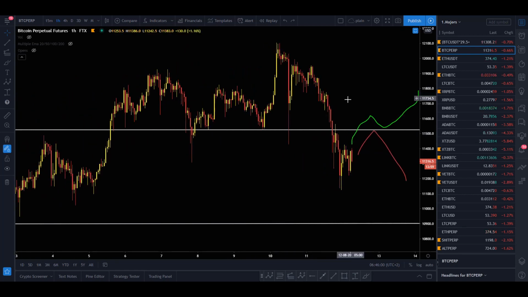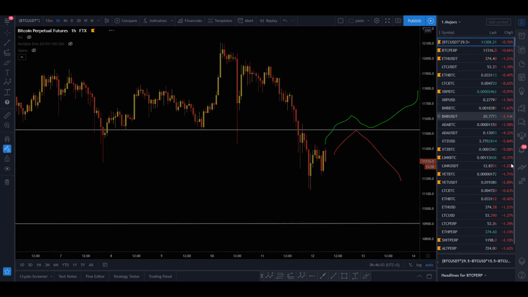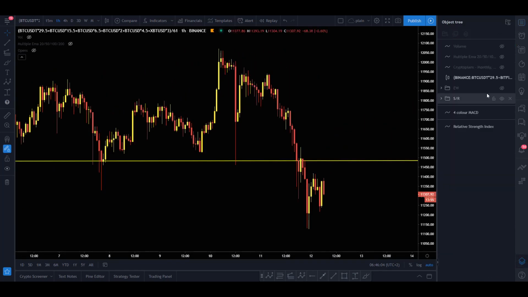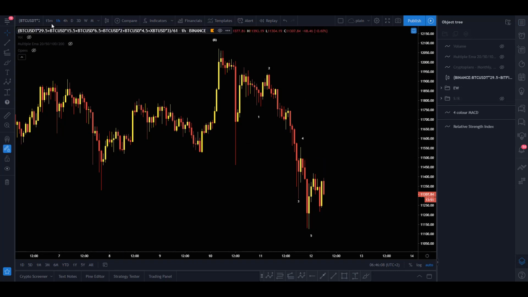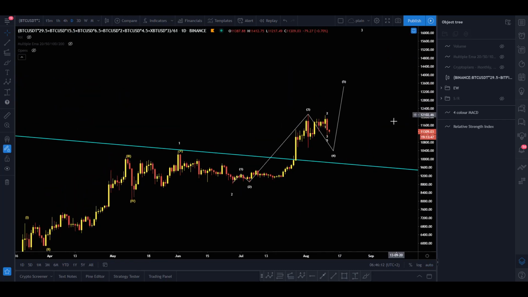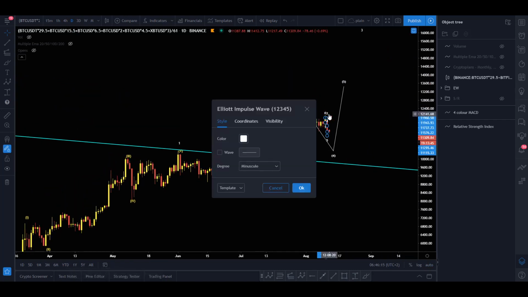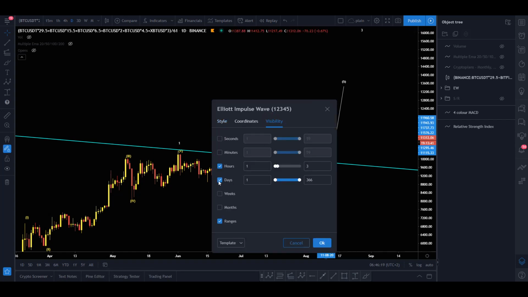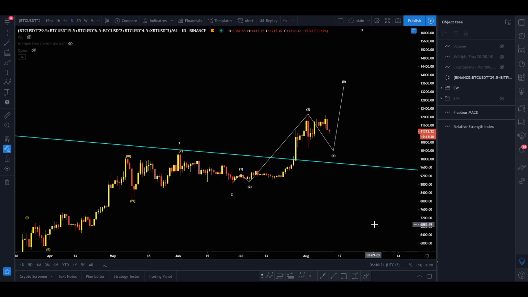So how does this look in Elliott wave? Because it is many times telling me a bit more. And the problem with Elliott wave is also you can always find new possibilities to keep your bias. I need to remove this. So I'm still looking for this 1, 2, 3, 4, 5.